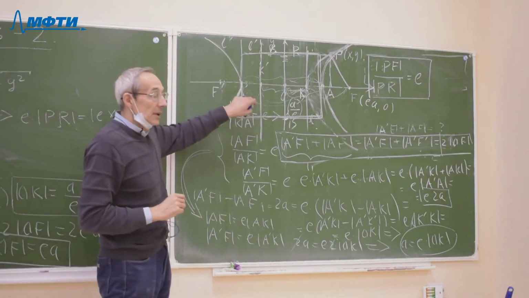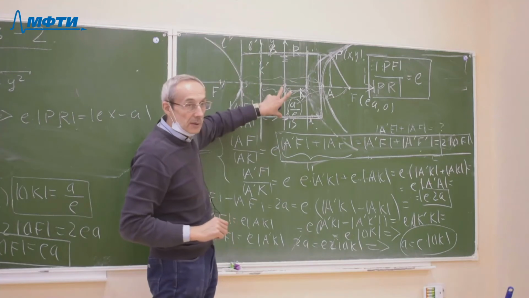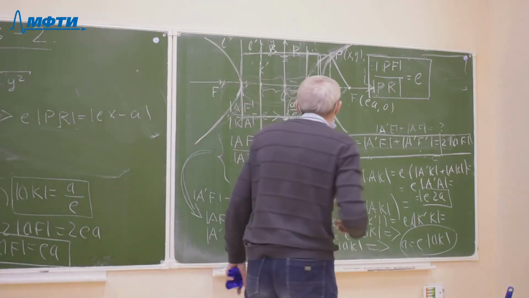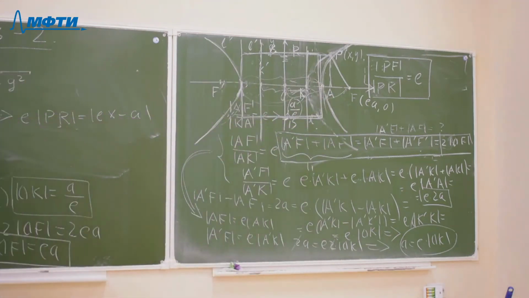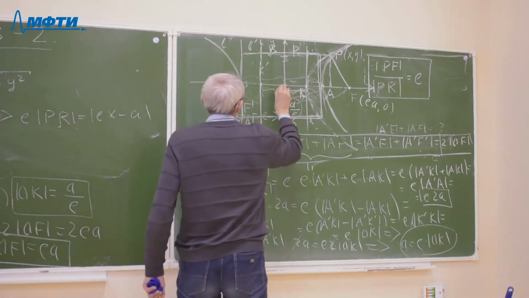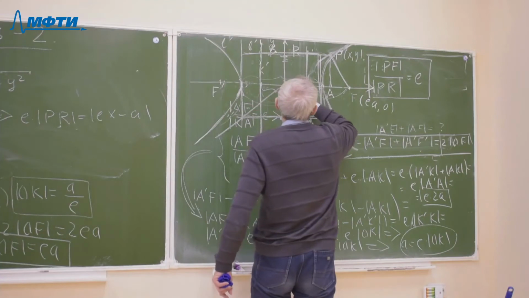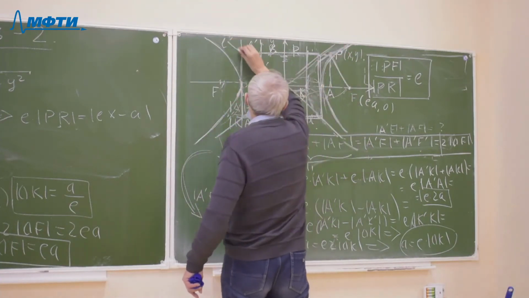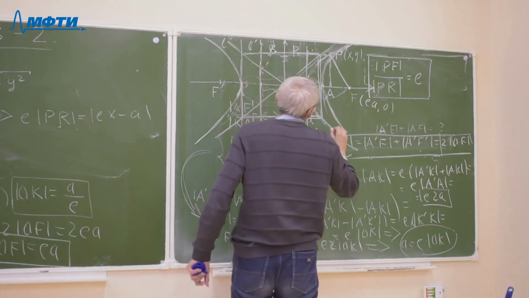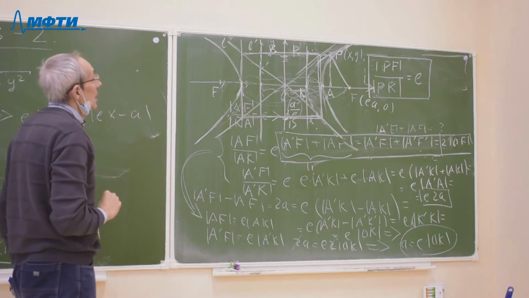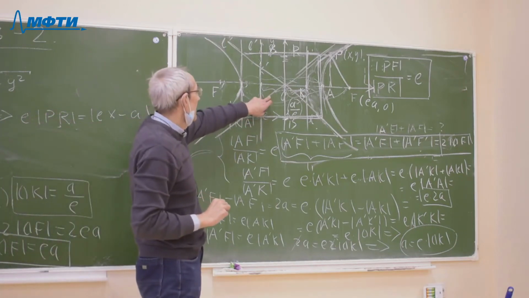One of the sides is equal to A and the other to B. And we will use this rectangle to define two other straight lines, which we will call asymptotes.